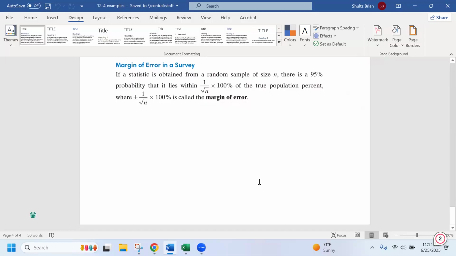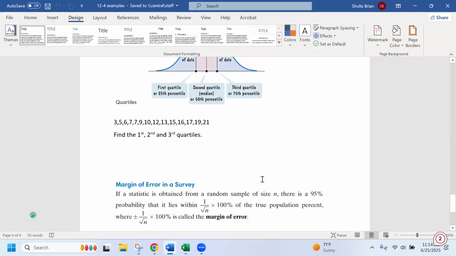So if I have the sample that I just used right here, I count up the number of elements: 1, 2, 3, 4, 5, 6, 7, 8, 9, 10, 11, 12, 13, 14. 14 is my n value. The margin of error is 1 over the square root of 14 times 100%.